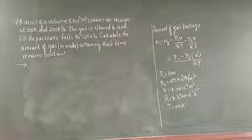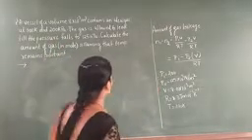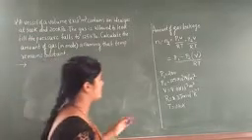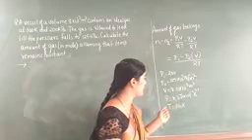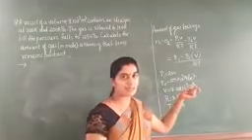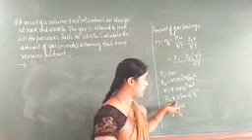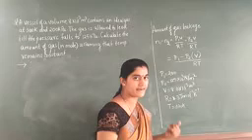According to the question, pressure P1 is equal to 200 and P2 is equal to 125, into 10 raised to 3 Newton per meter square, and V is equal to 8 into 10 raised to minus 3 meter cube, R is equal to 8.3 joule per mole per Kelvin, and T is equal to 300 Kelvin.